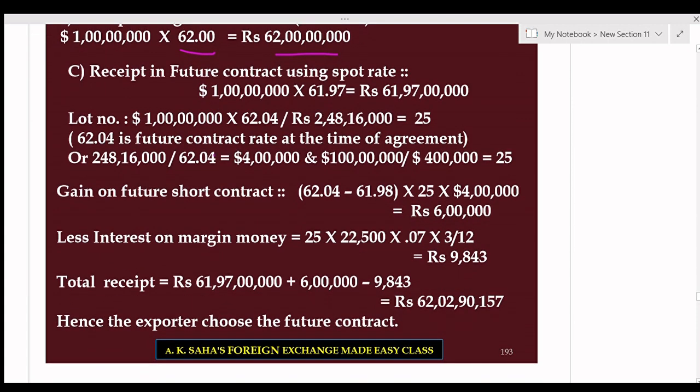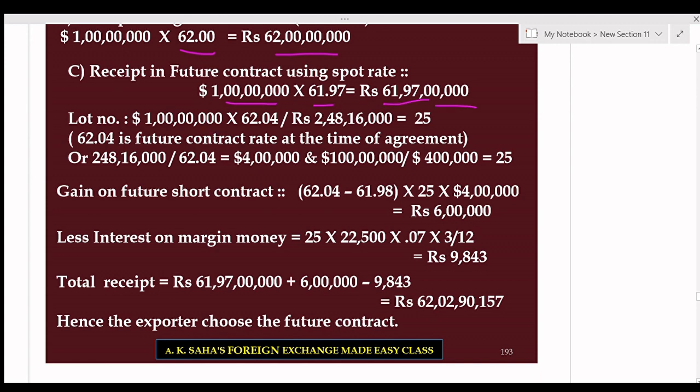Receipt in future contract using spot rate is dollar 1 crore multiplied with expiry spot rate, that is equal to 61 crore 97 lakhs.